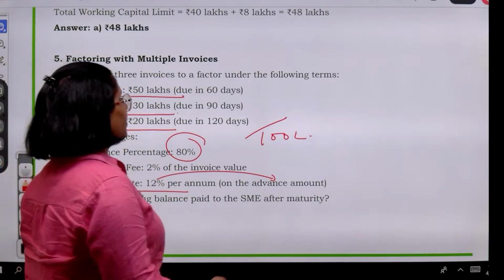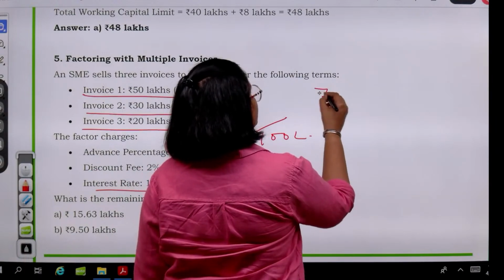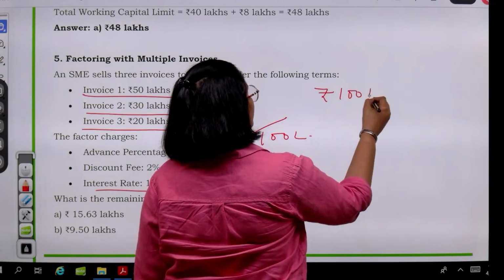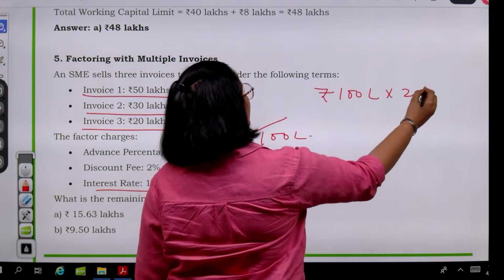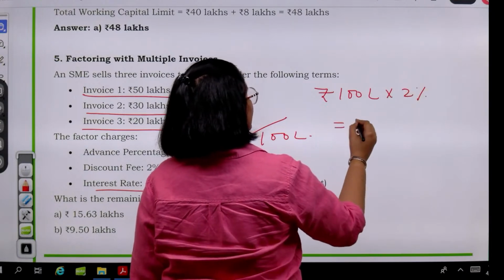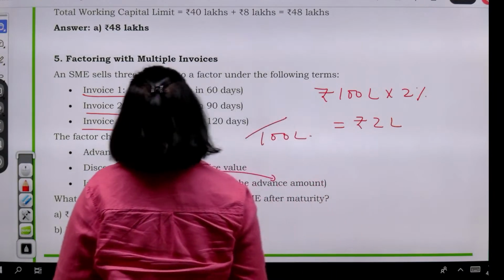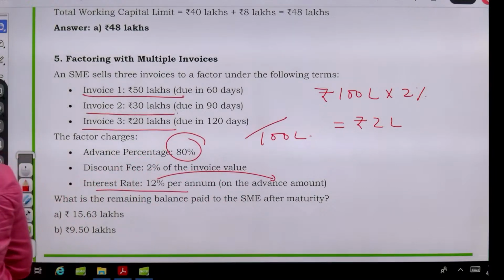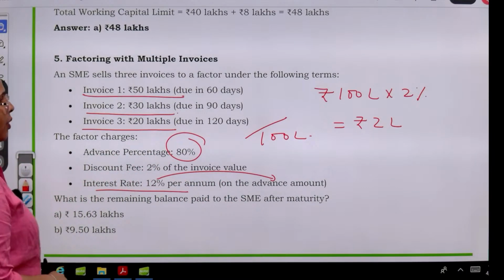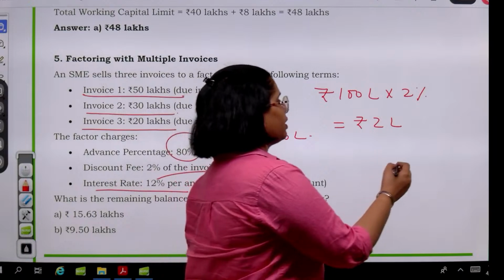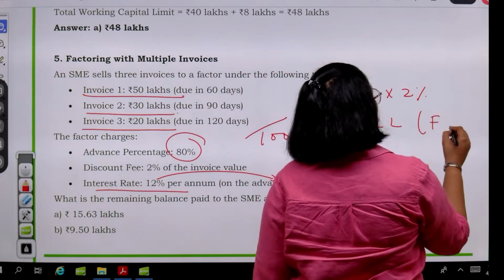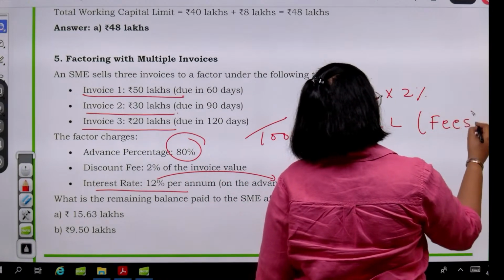So we know that 100 lakhs is the invoice value multiplied by your 2%, that is 2 lakhs. So that is your discounting value. ठीक है, this is your discounting fee. Let me write it over here. This is the fees.